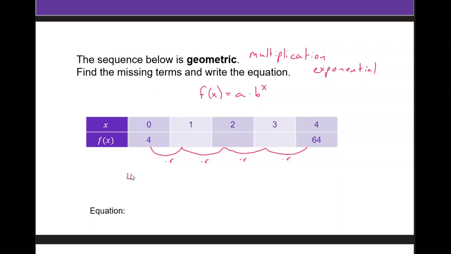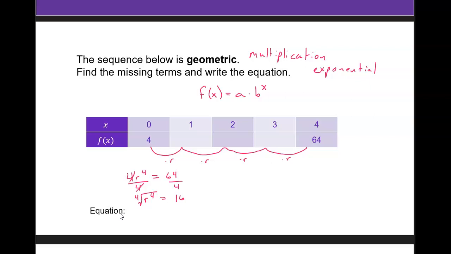So this is 4 r to the 4th, because there are 4 of them, 1, 2, 3, 4, equals 64. We divide both sides by 4, and we get r to the 4th equals 16. Now to get rid of that r to the 4th, we need to do this fancy 4th root.